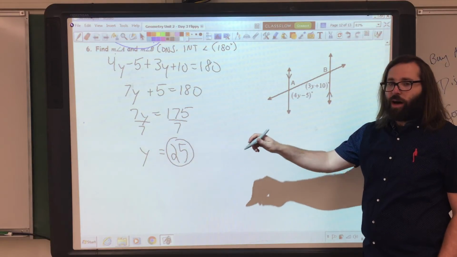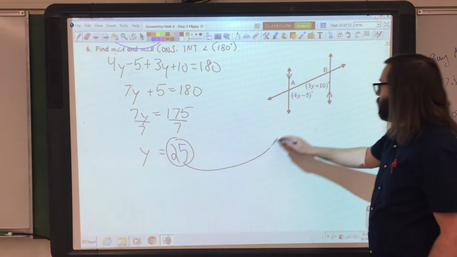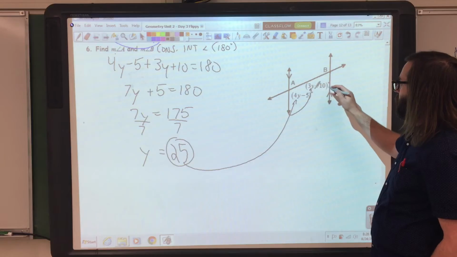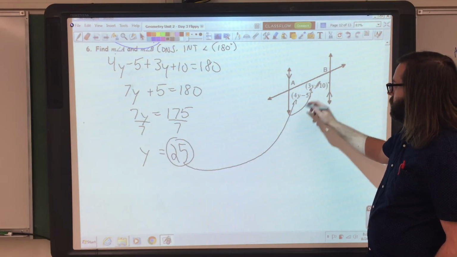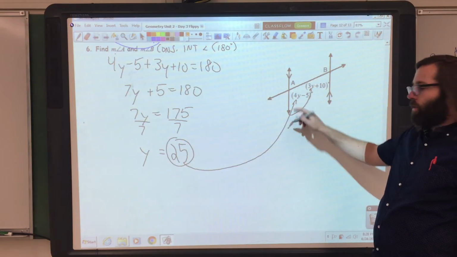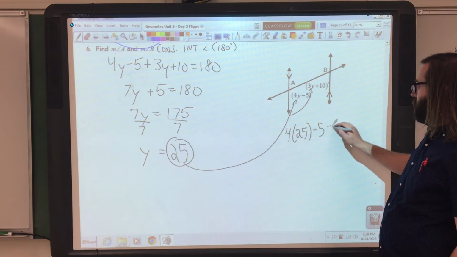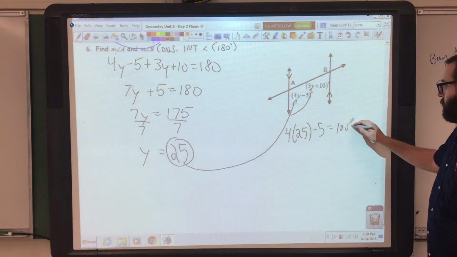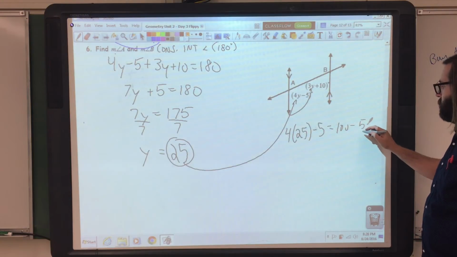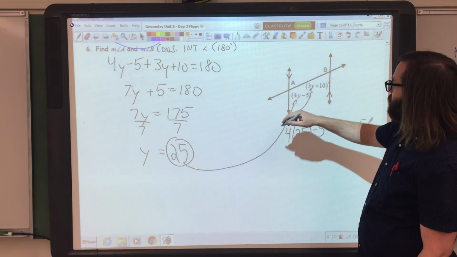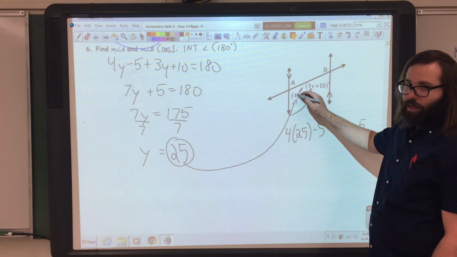All right, so now that we have y, we're going to plug it in there. So our first angle right here, you have 4 times 25 minus 5, which is 100 minus 5. So this angle right here is 95.